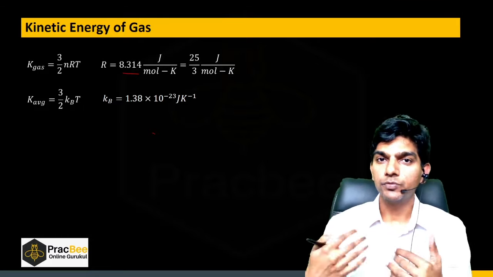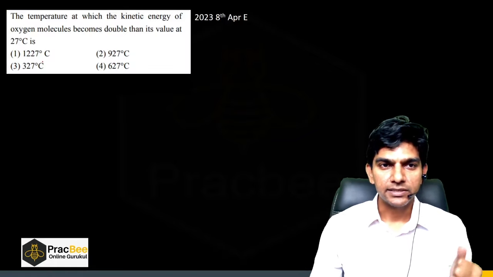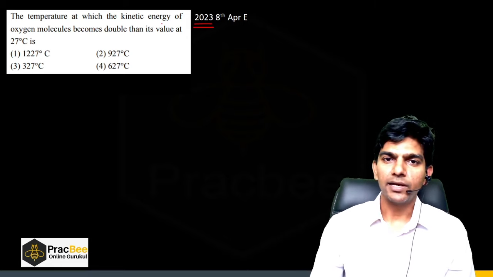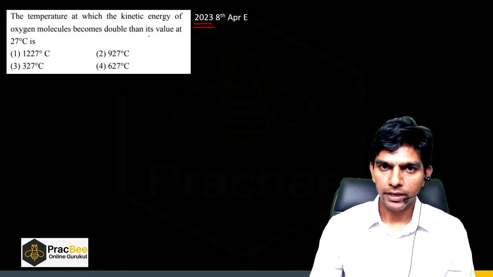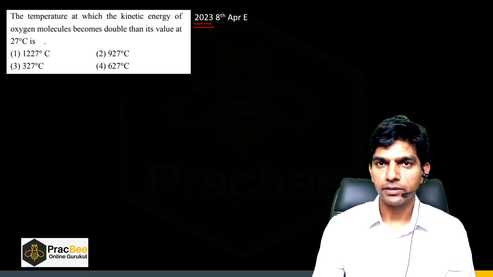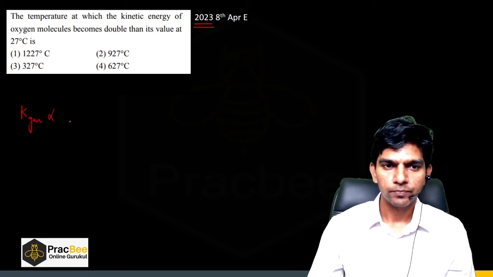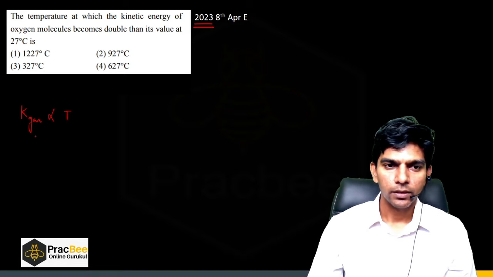Now let us see the type of question which will come from these two formulas. Let us see the first question. It came in 2023. The temperature at which the kinetic energy of the oxygen molecules becomes double its value at 27 degrees Celsius. We know that kinetic energy of a gas is proportional to the temperature, right?